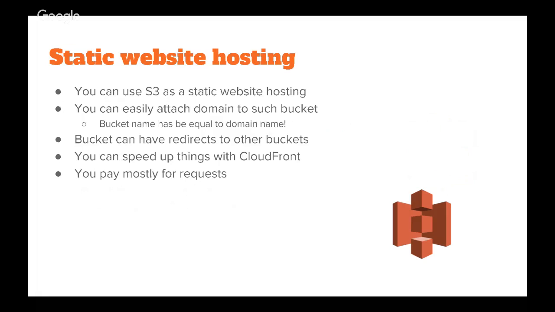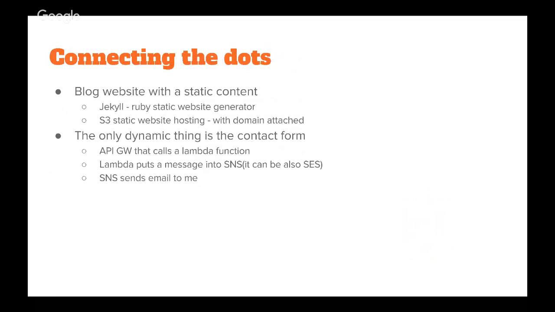And here we also pay for requests and data transfer. We can speed up things with CloudFront, but that's a separate topic. Funny thing with those redirects, you can also point S3 to the ELB, etc. For instance, you have applisk.io serve the content and create a www.applisk.io bucket, which just redirects to applisk without www.